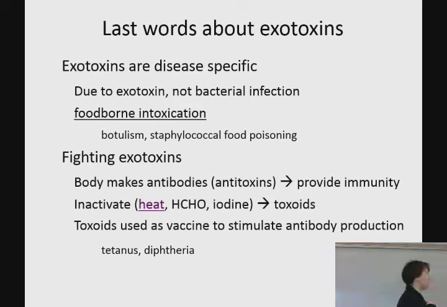If we want to generate an artificial immunity to a toxin, we would take that toxin and extract it in some way, and often you can just do a heat step, or treat it with chemicals and slightly inactivate it, making a toxoid that doesn't have the same toxic effect, but still looks enough like the toxin to stimulate antibody production. Then you can inject that toxoid and use it as a vaccine. This is what's been done for tetanus, when you have a tetanus shot, or the diphtheria shot that you get as a kid.